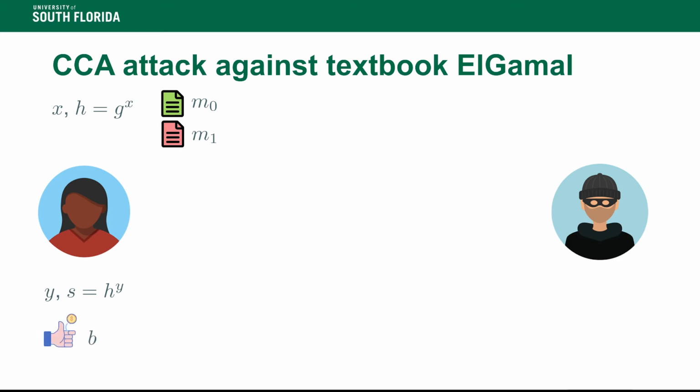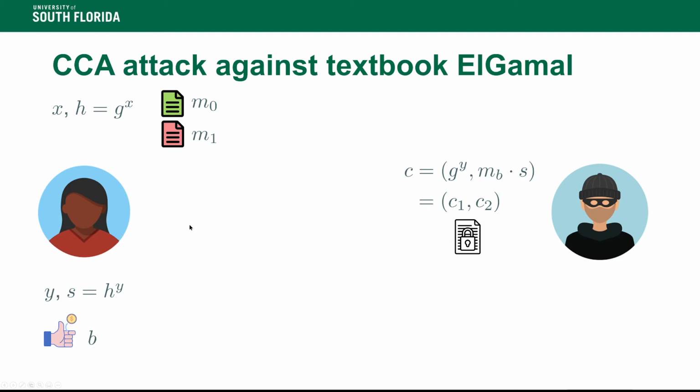Then the challenger picks the random material that can be used for the encryption, and picks at random one of those two messages. So MB is the message that's been chosen to be encrypted. G to the Y is calculated as part of the encryption process, and this is the ciphertext, and it's being sent to the adversary.